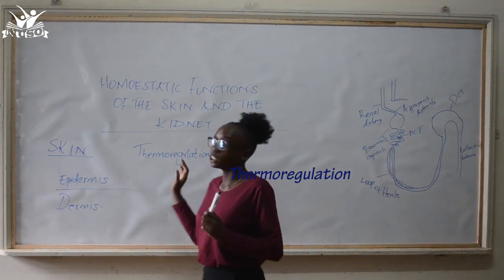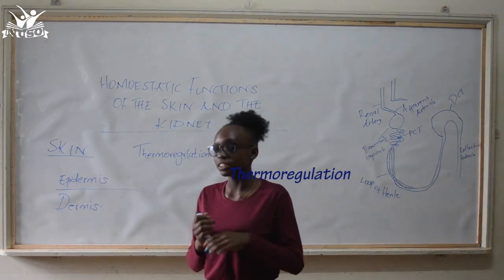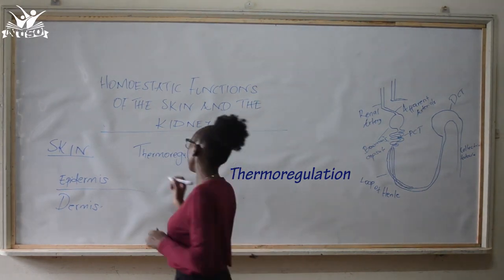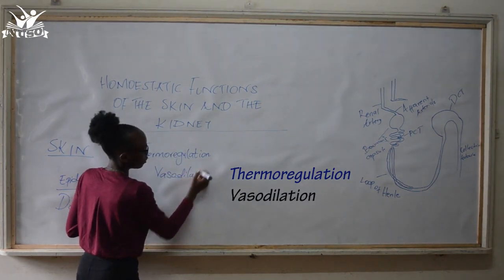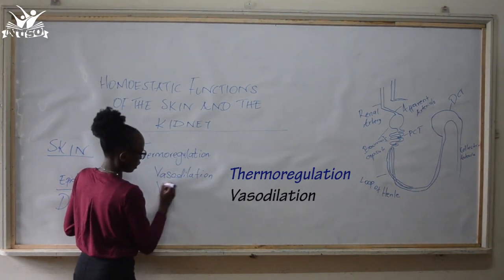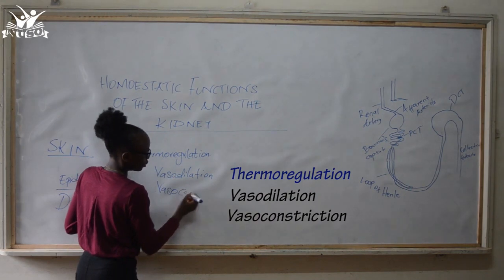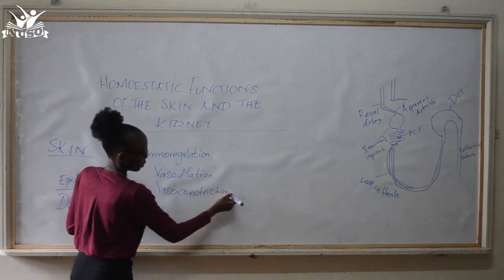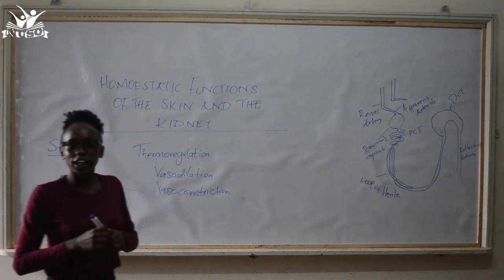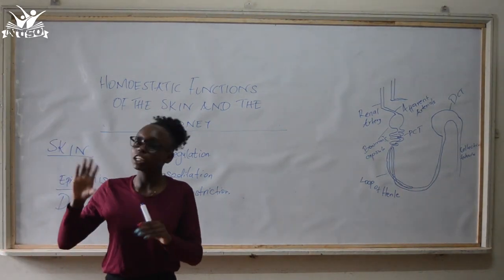The skin makes this possible through two processes: vasodilation and vasoconstriction. Vasodilation occurs when the weather is hot.